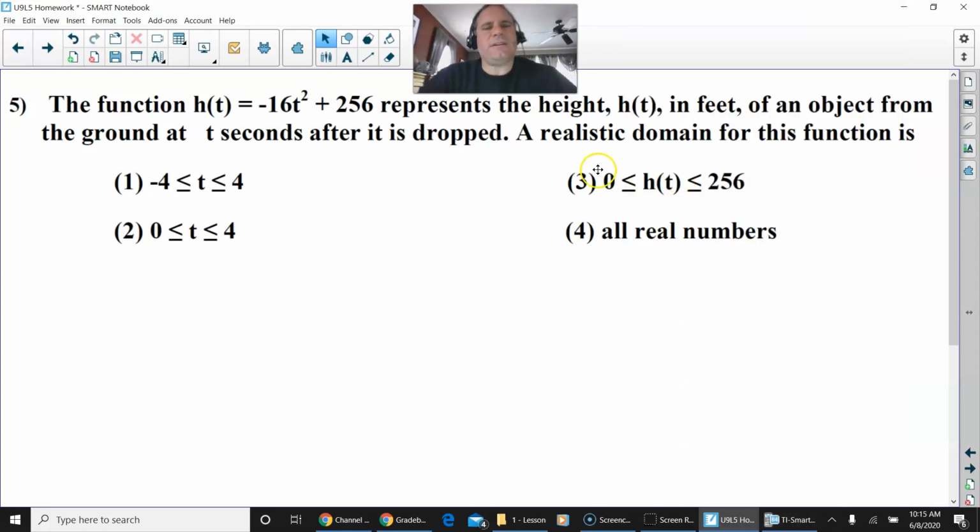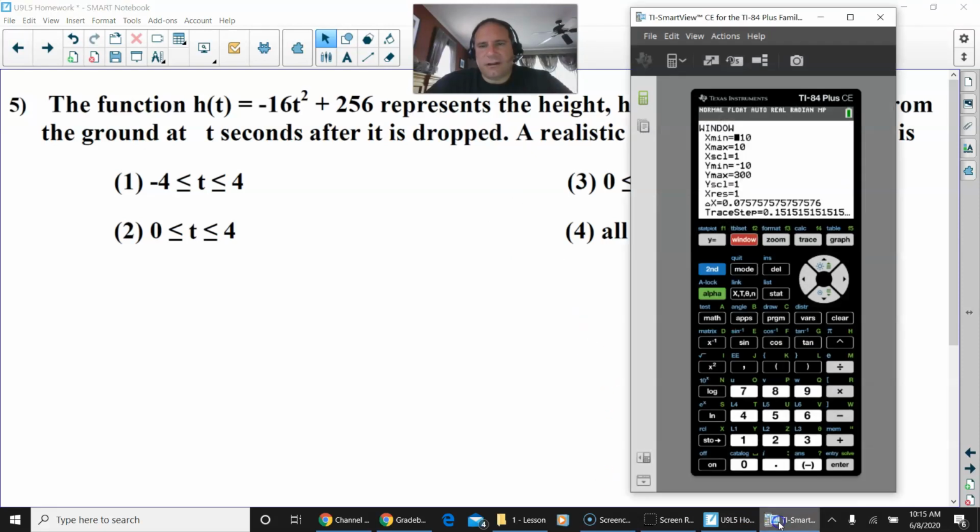To make sense of this, I'm just going to look at it again. I graphed it. You know I used the graphing calculator. It represents the height h of t in feet of an object from the ground at t seconds after it is dropped. So just take a look at my calculator.